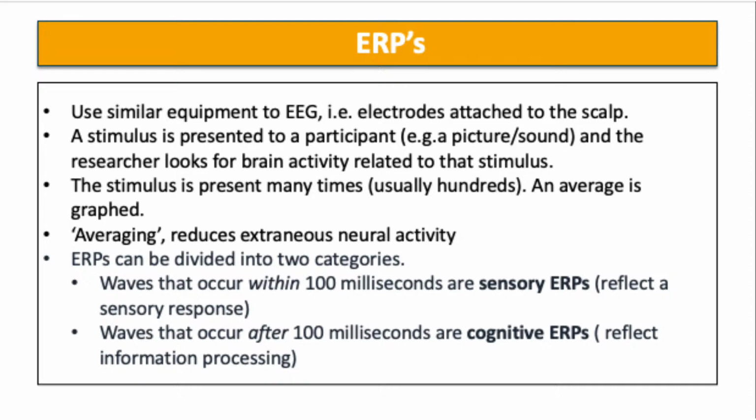The good thing about doing an average is it reduces the extraneous neural activity. And again, ERPs can also be divided into 2 categories. We have sensory ERPs, which are waves or activity that occur within the first 100 milliseconds. And then we have our cognitive ERPs, which are waves that occur after the first 100 milliseconds. And again, that reflects the information processing of the stimulus.